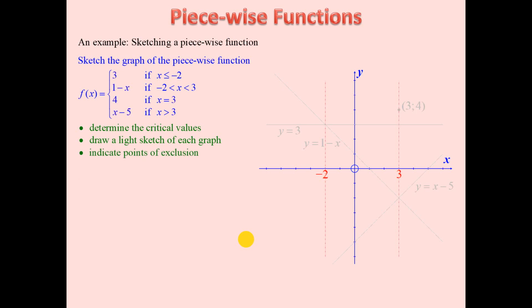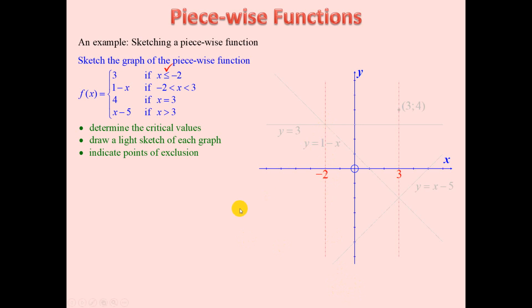We're going to indicate points of exclusion. Now, what we mean by that is where there are points on the graph which aren't included in the graph. If you look at the very first critical value, it's x less than or equal to minus 2. Therefore, we know that the x value at minus 2, the critical value here, is included.